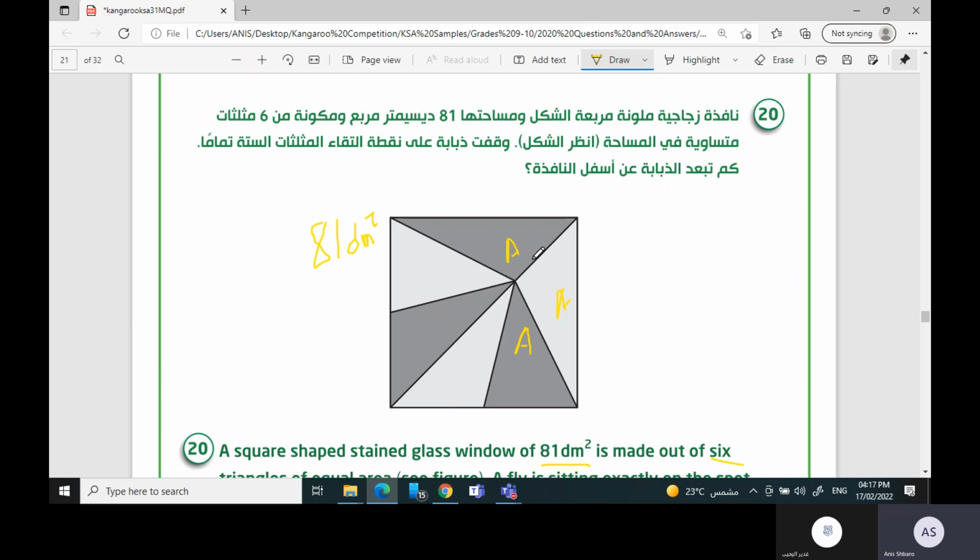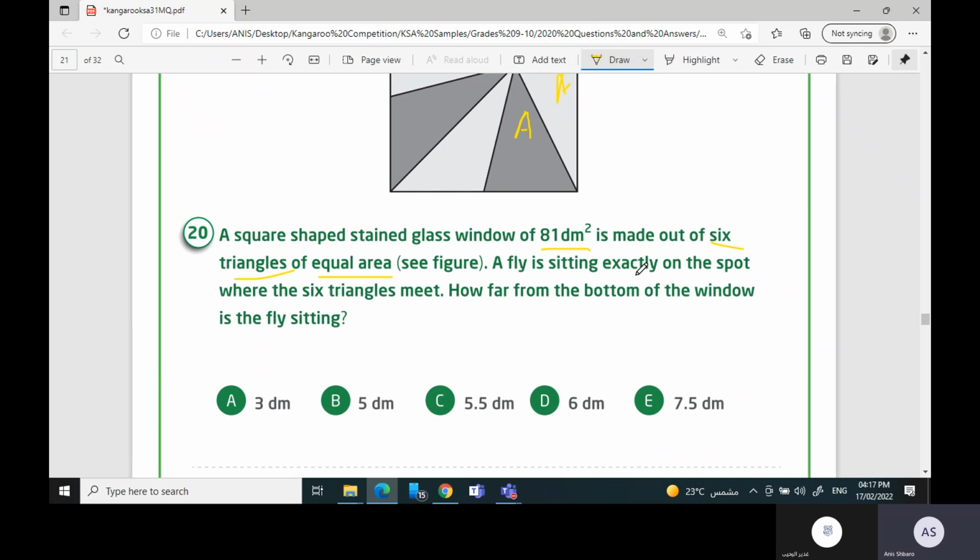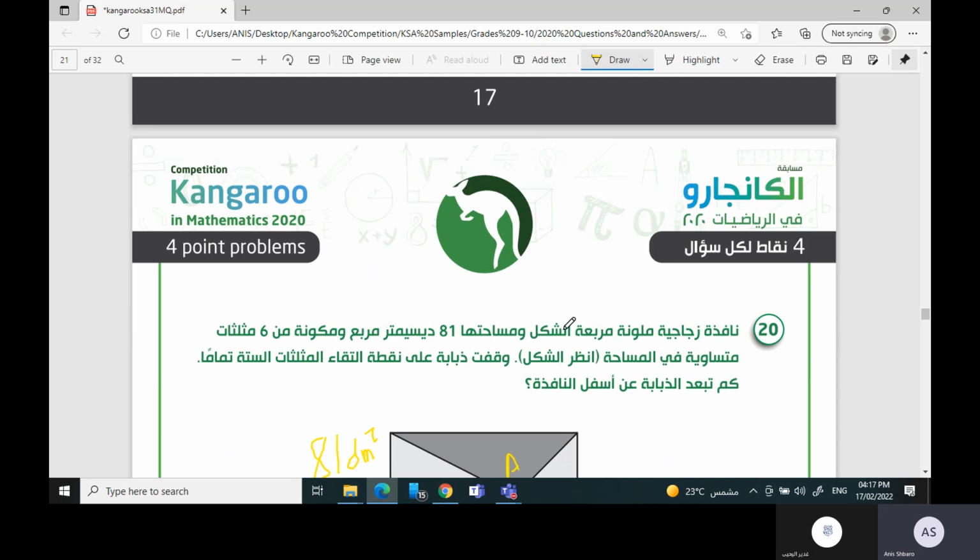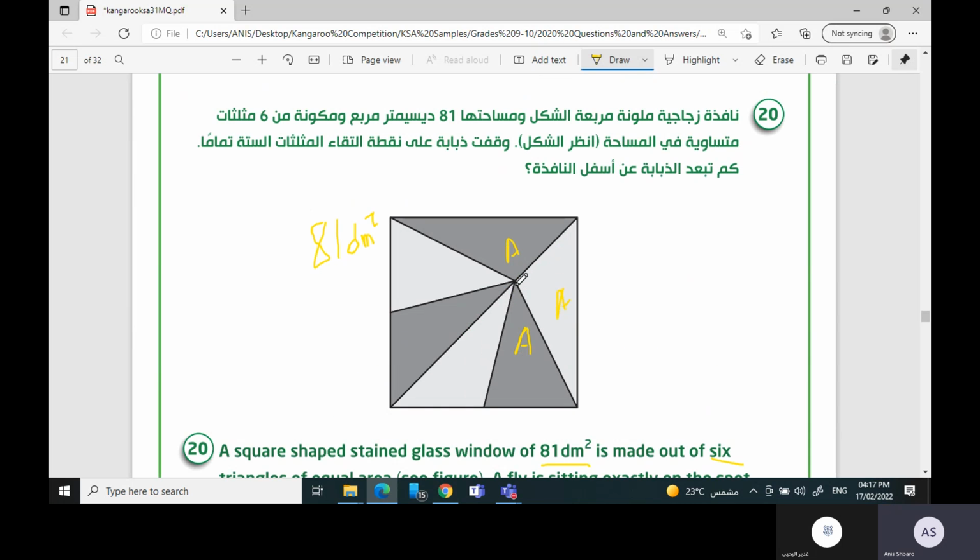So I can easily calculate the area of each triangle. Great, so I have a lot of givens. A fly is sitting exactly on the spot where the 6 triangles meet. Let's go back to the figure, and yes, we can see the intersection point is here. So the fly sits here.